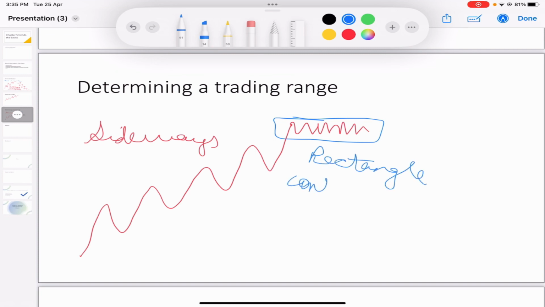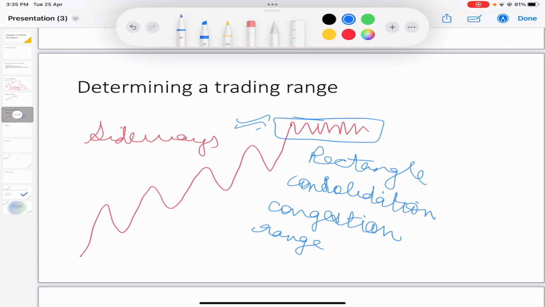It is known as consolidation, or it is also known as a congestion area, where the stock price has congested. So that is how we can identify a consolidated area or a range, a trading range. These are all the different names of the same term.